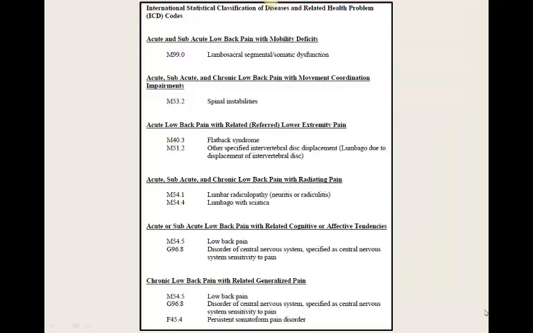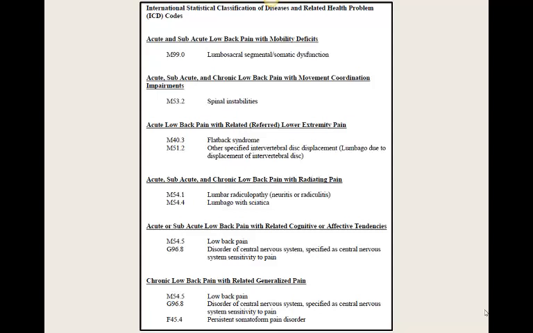This slide is taken directly out of the low back pain guidelines and is just a brief overview of the different classifications. They also include the ICD codes underneath the classification. So again, acute and subacute low back pain with mobility deficits. The ICD code under that, lumbosacral segmental or somatic dysfunction.